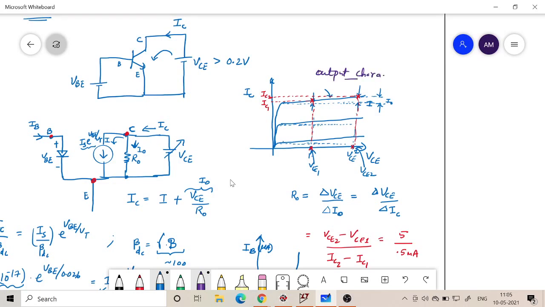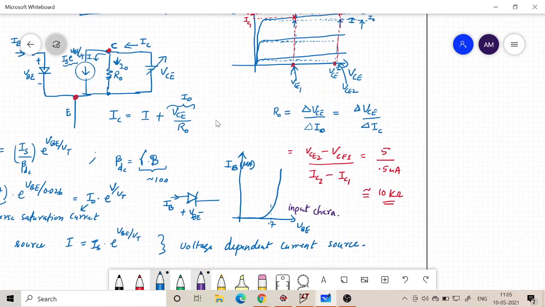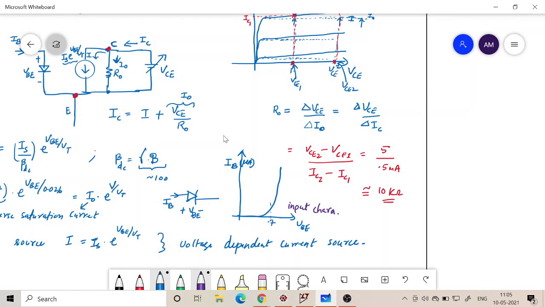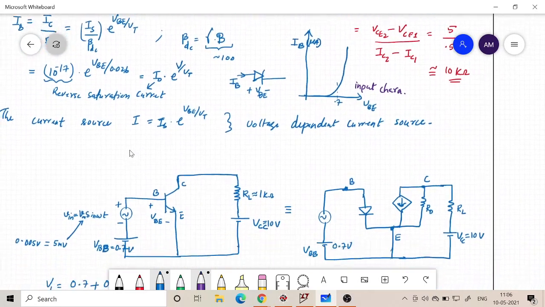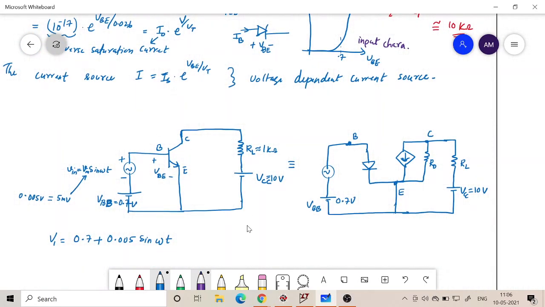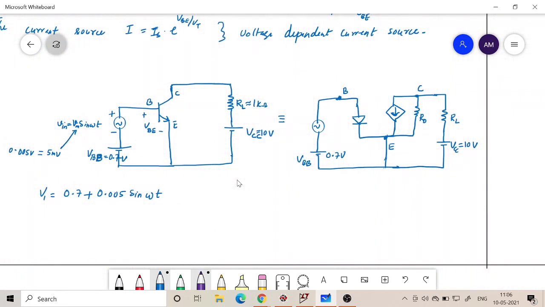Earlier I drew the transfer characteristics, that is basically IC versus VBE, input voltage versus output current. That will look like this, but the current is some 100 times larger. So that's the difference between input characteristics and transfer characteristics. Okay, so let's come back to this circuit.